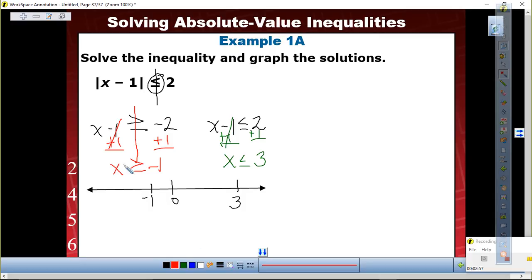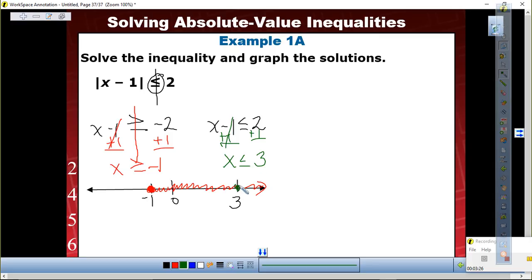So I'm going to graph first the first part. Does it include the point on the solution set? Yes, because it got the equal sign. So I'm going to make a solid point. And it says x is greater than -1. What numbers are greater than -1? Everything to the right. Does it include the dividing point for 3?